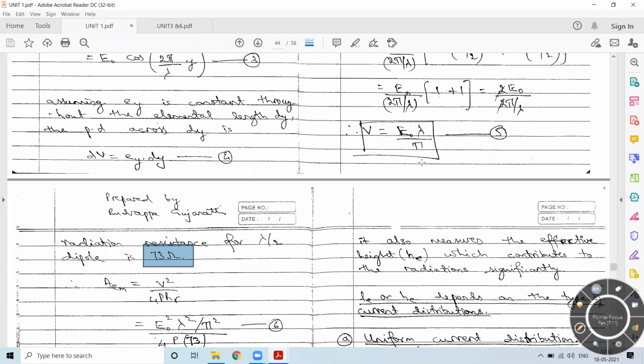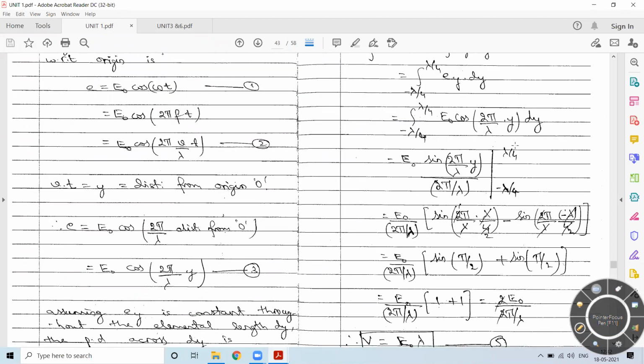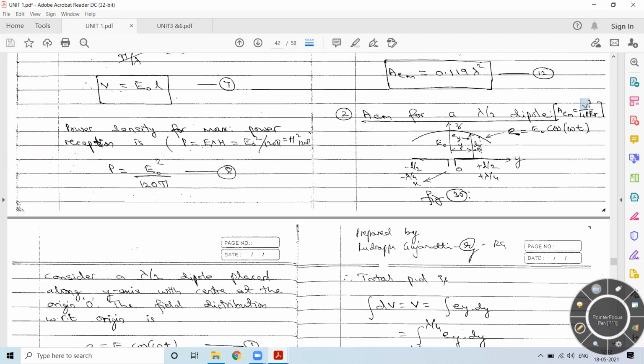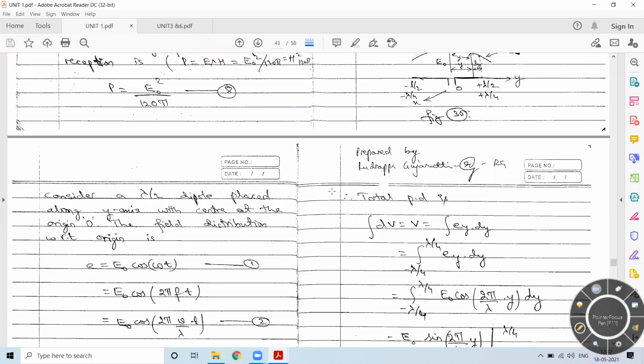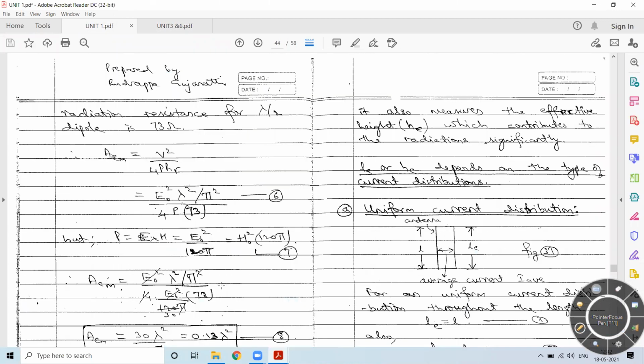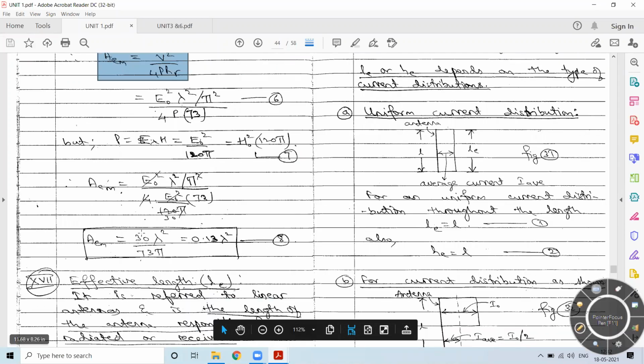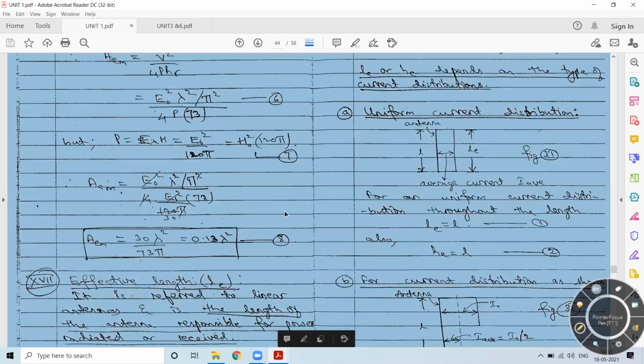So now we have got all three values, that is the potential value in this equation. Then we saw what P is. P is equal to E naught square divided by 120 pi, and the radiation resistance is 73 ohms for the lambda by 2 dipole. When we have these equations, we substitute them in this parameter to obtain the maximum effective aperture, and we end up with a maximum effective aperture equal to 0.13 lambda square.